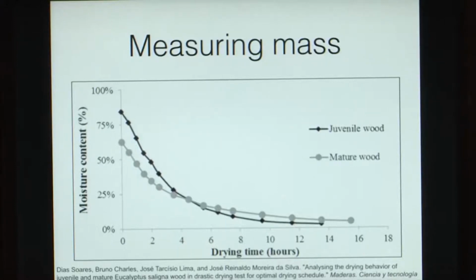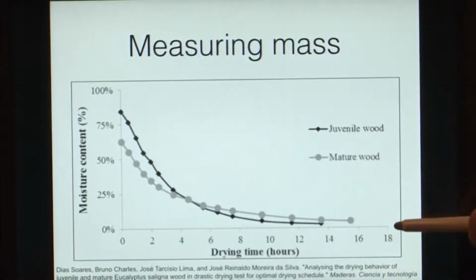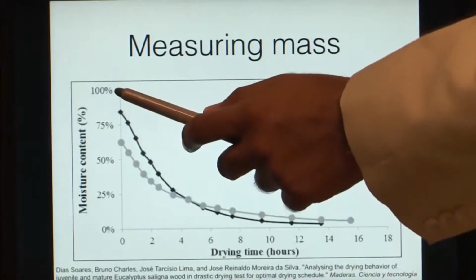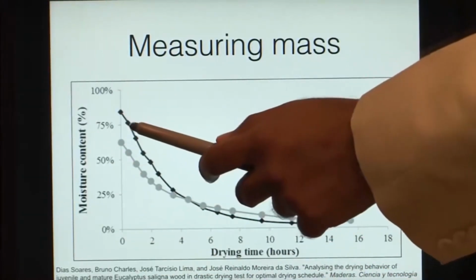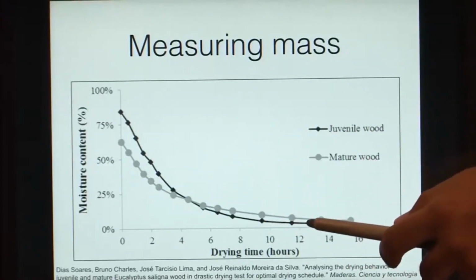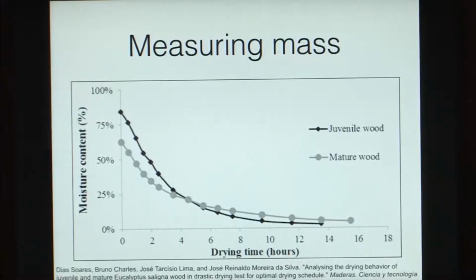On the x axis we have plotted the number of hours of drying time, and here we have put the moisture content. As we can see, the moisture content goes on reducing with time, and ultimately it reaches a point where the two readings are roughly similar. At this point we say that the wood has been completely dried.